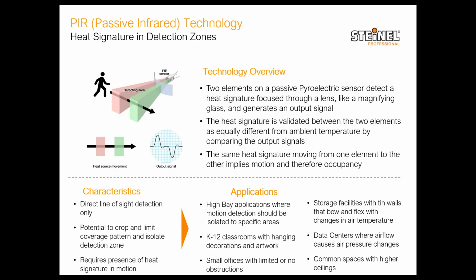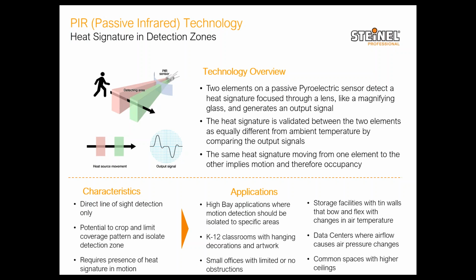How that works is you have a pyroelectric element that creates a signal output in case of a movement of heat signature between different segments of it. And then we usually use some sort of lens to divide that surface into even smaller, finer segments to give us more detection zones.